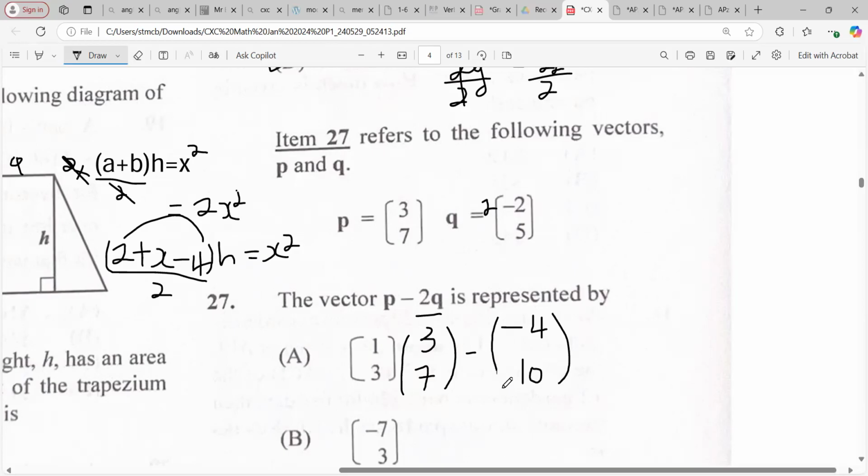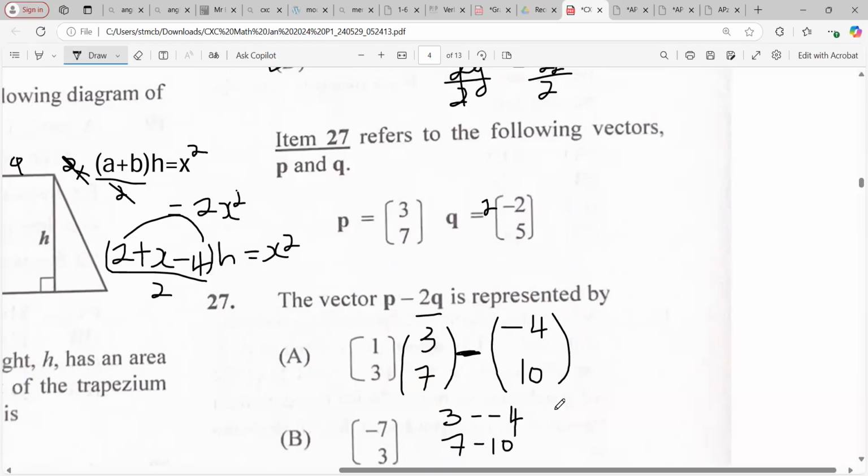This is where it gets a little bit interesting. Remember, there's a minus here. Please, guys, a lot of times students tend to ignore this and just say 3 minus 4 gives you negative 1. But there's a negative here, so it's 3 minus minus 4. Please do not ignore the negative, all right? And of course, we have 7 minus 10.